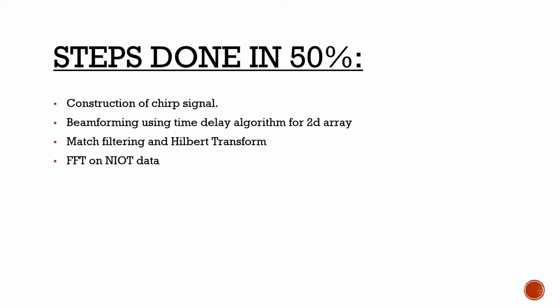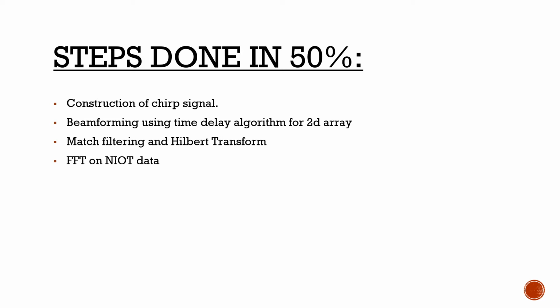Next, what we did was we performed beamforming using the time delay algorithm for a 2D array. So what beamforming does is that it directs the signal in a particular direction. After that, we performed match filtering, where the beamformed output is compared with the original data without noise, and the output of this stage will indicate the matched region.